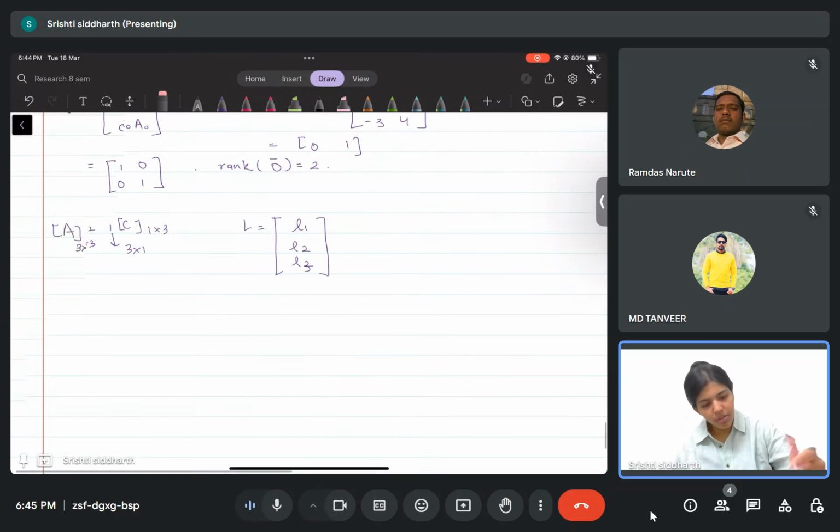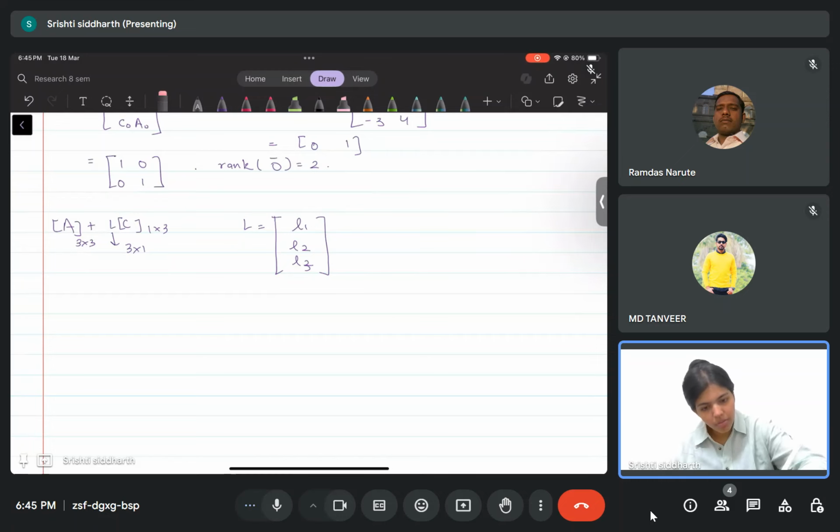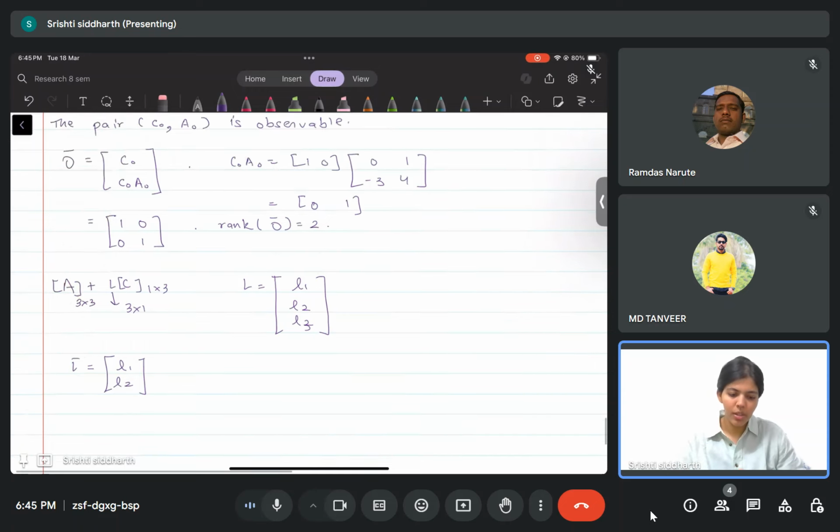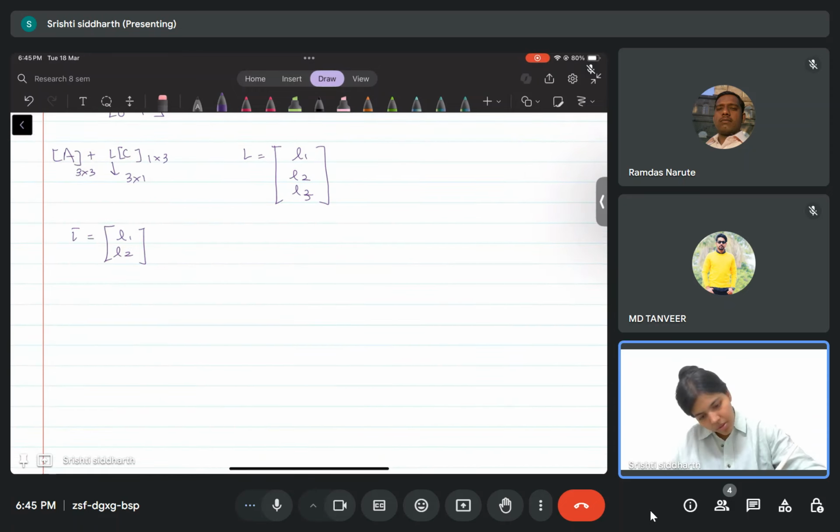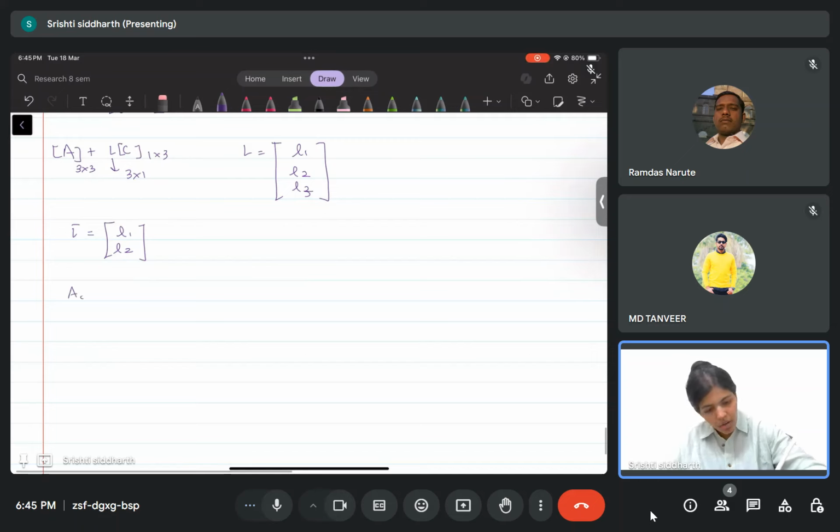Out of this, we select a reduced matrix, let's say L bar, which is L1, L2, for the second order system C0, A0.